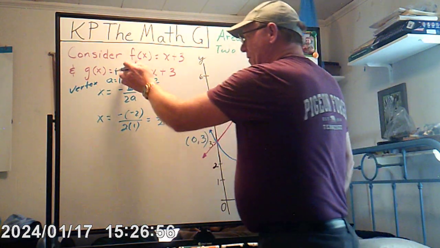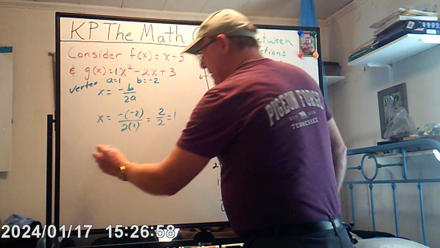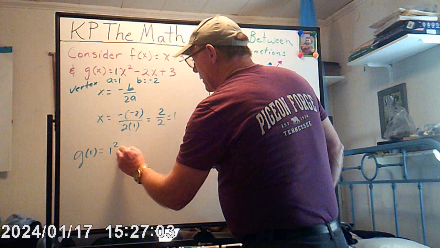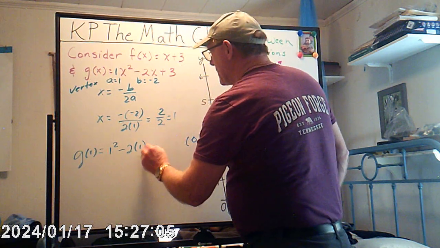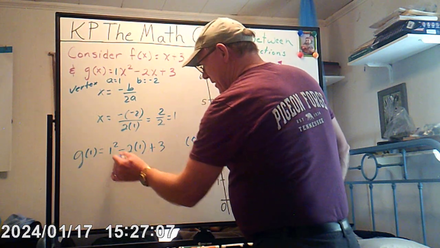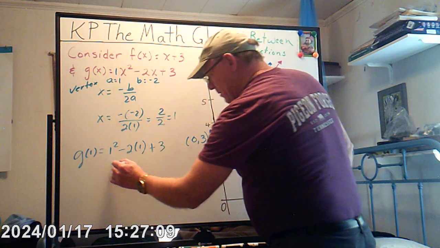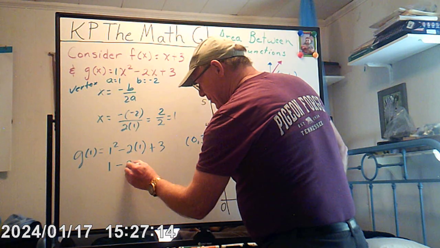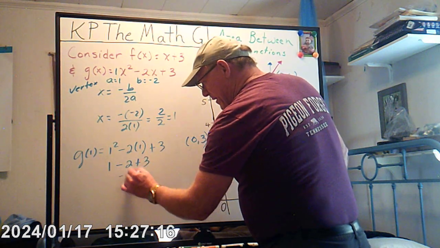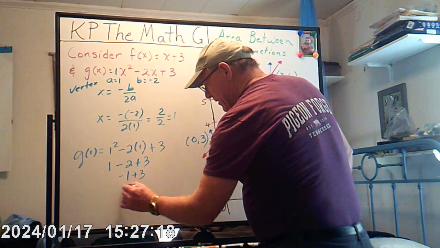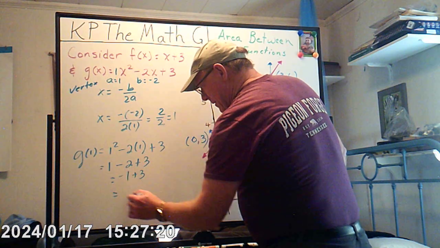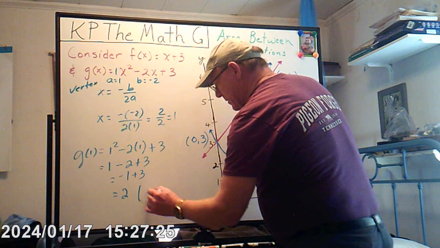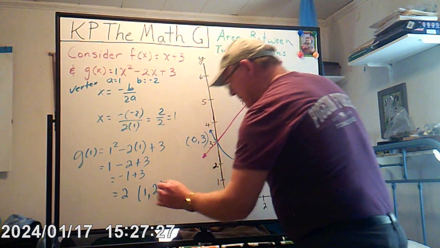To find my Y value, I can just simply plug it in. So G at 1 is 1 squared minus 2 times 1 plus 3. So 1 squared is 1. 2 times 1 is 2, so minus 2 and plus 3. This is negative 1 plus 3, which is equal to 2. Alright, so the vertex is at 1, 2.